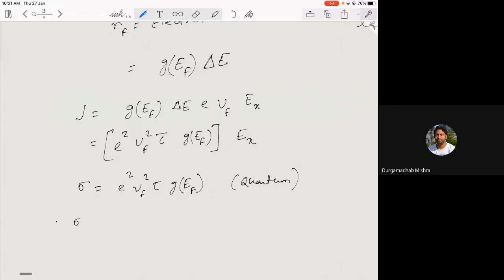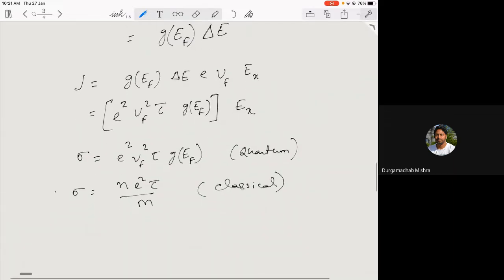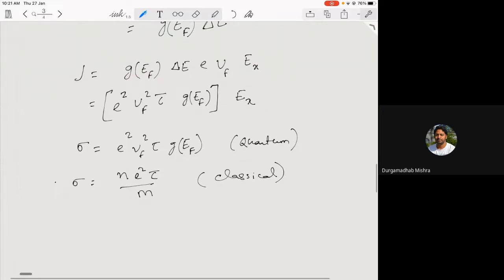So the classical conductivity was N E tau by M. So this is your classical one, where you assume the electrons are almost free. Okay. So the big difference here, what you see here, is that most of the behavior will be similar.